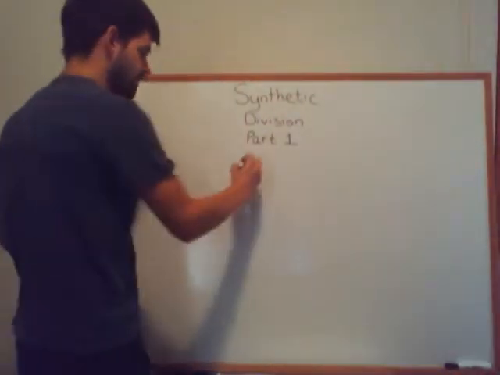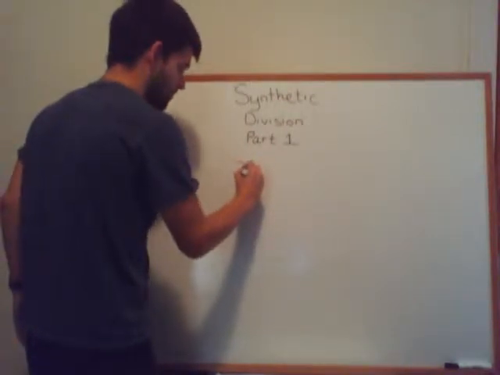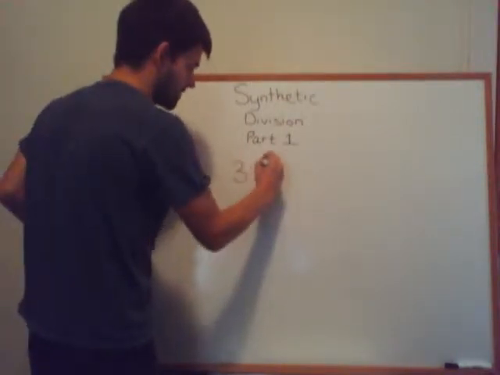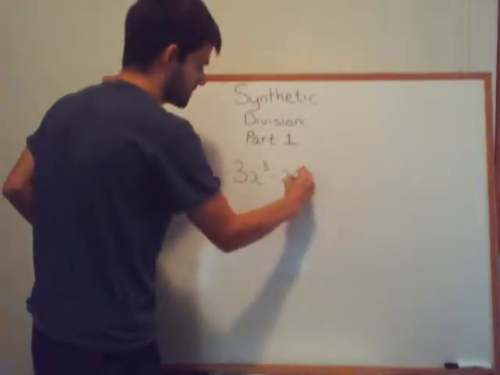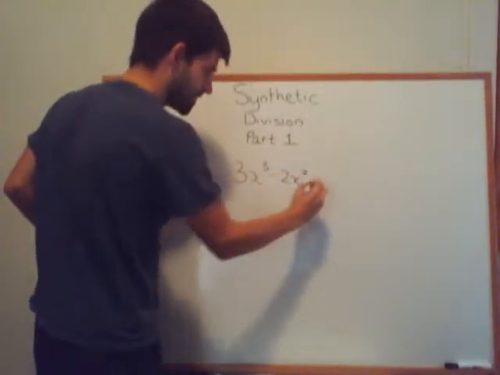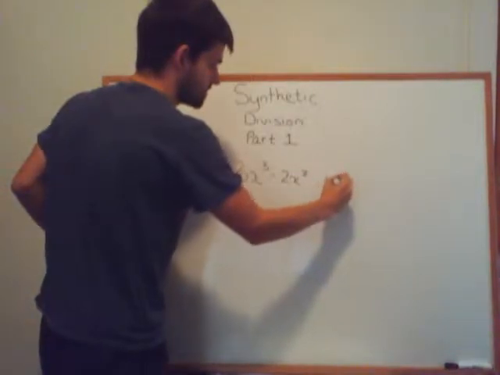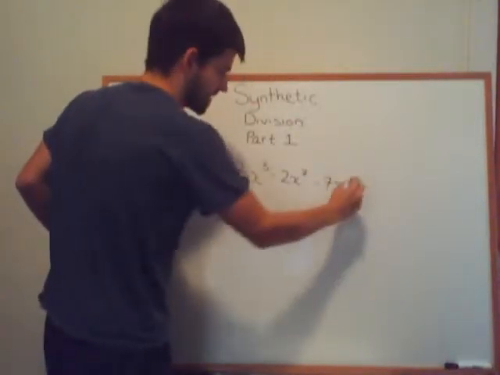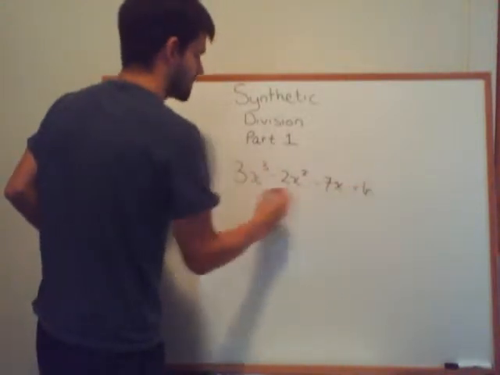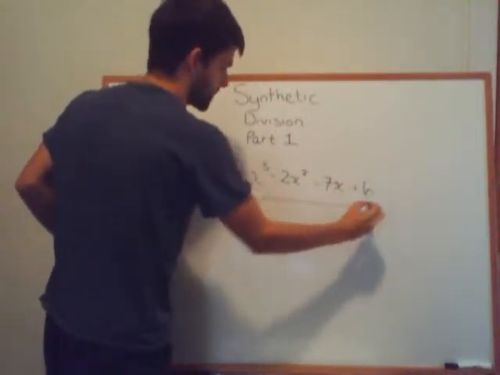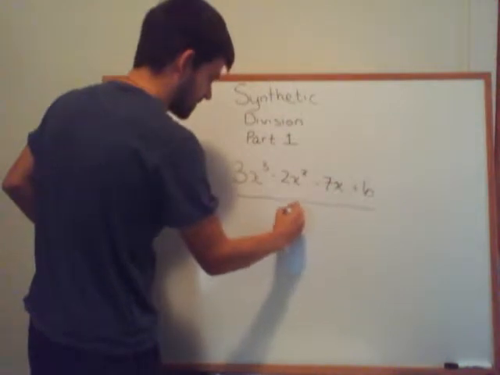So let's say I have the expression, the polynomial 3x cubed minus 2x squared minus 7x plus 6 divided by the expression x plus 1.